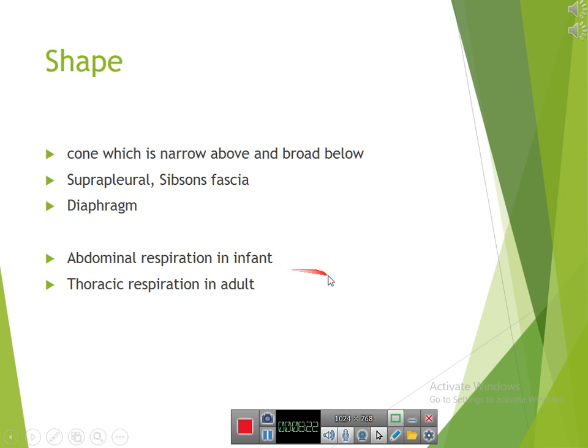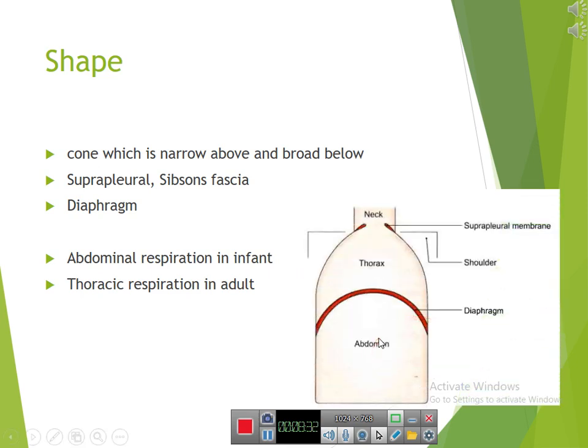And how about the shape of the thorax? The thorax resembles a truncated cone which is narrow above and broad below, like this. It's a thoracic cage. It's narrow above and broad below.